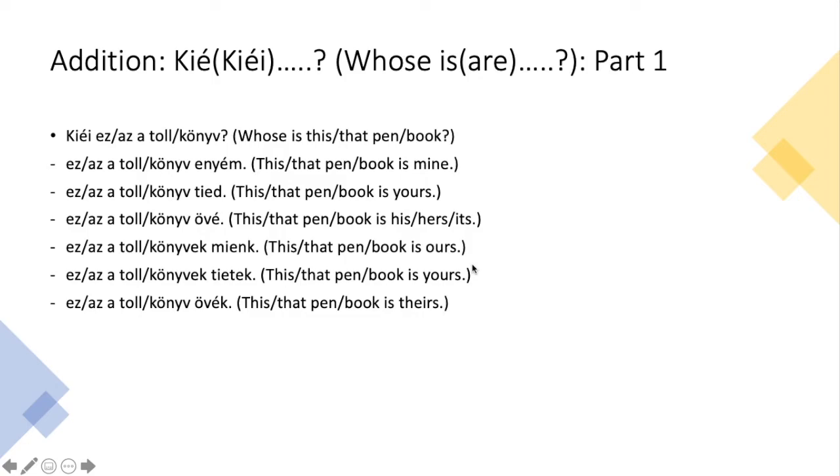Now we come to the last and third bullet point of today's lesson. So kié. If you want to ask whose is this or whose is that pen or book, like you want to ask the owner of the pen or the book. In English, you simply can say, oh, that pen or that book, or this pen or this book is mine, or yours, ours, theirs, etc. In Hungarian, they have such vocabulary as well.